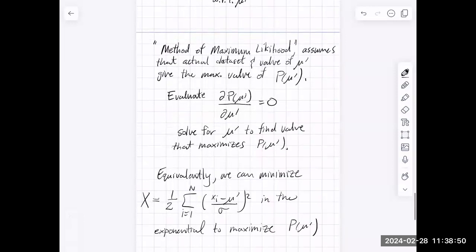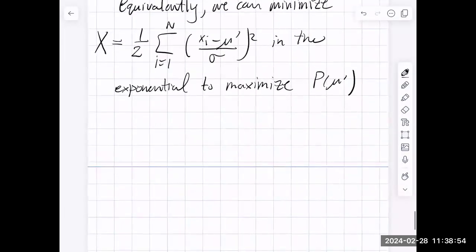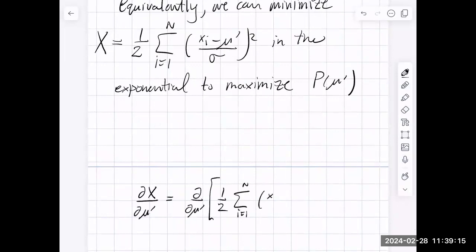Okay, so our task then is to find dX/d mu prime and set that equal to 0. So that's going to be d by d mu prime of 1/2 the sum i equals 1 to n of (xi minus mu prime) over sigma squared, like so.